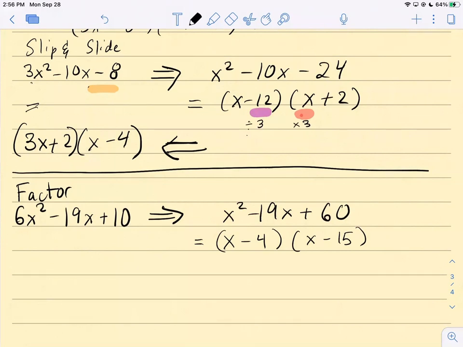You could try to go back, and this would get you to 6x minus 4. So maybe I put times 6 here. The orange will be times 6. The purple will be divide by 6.